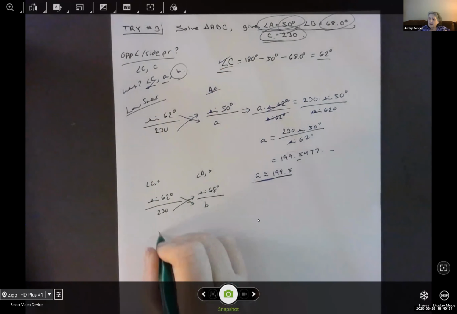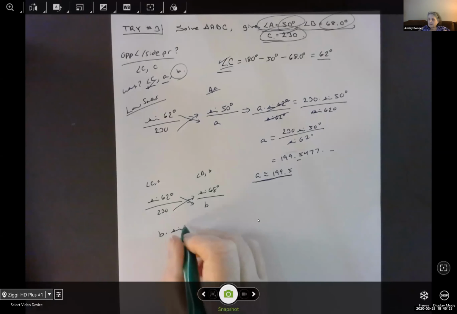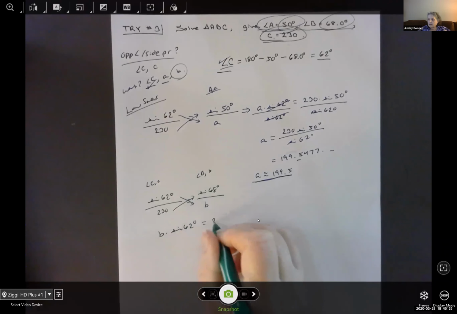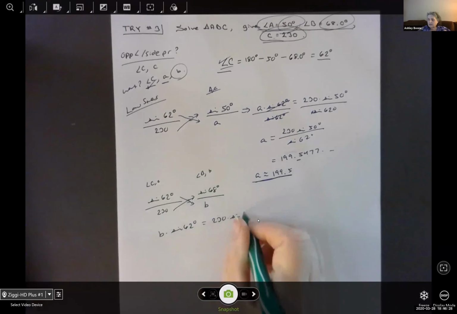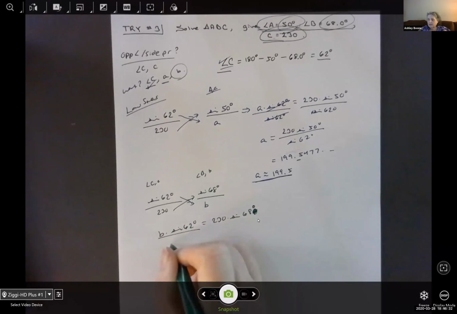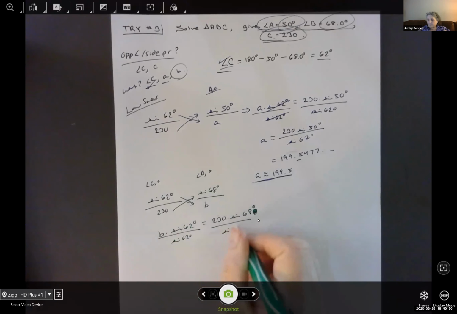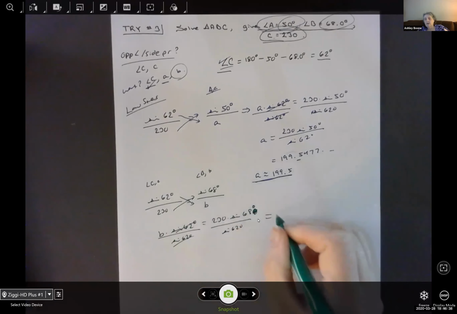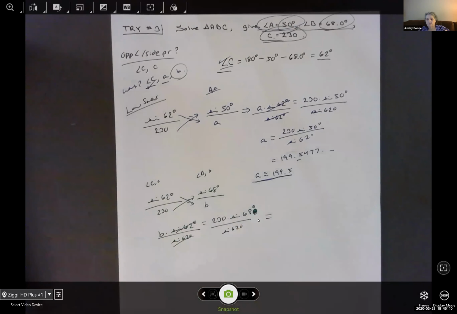So I have B times the sine of 62 degrees is equal to 230 times the sine of 68 degrees. Divide both sides by the sine of 62 degrees. So I have 230 times the sine of 68 degrees divided by the sine of 62 degrees.